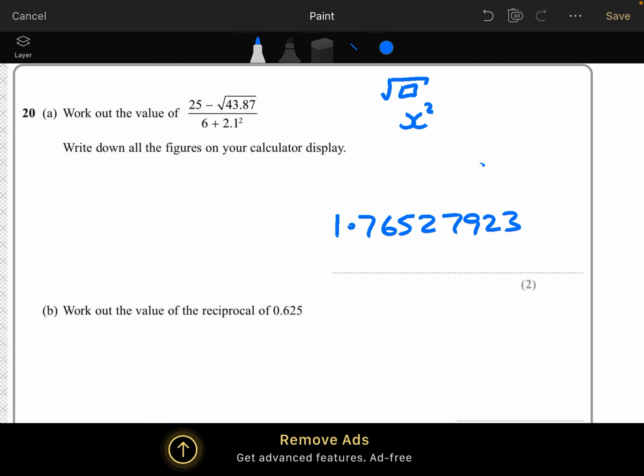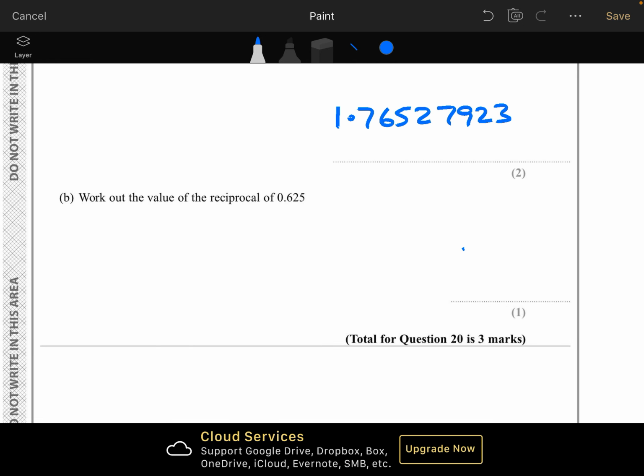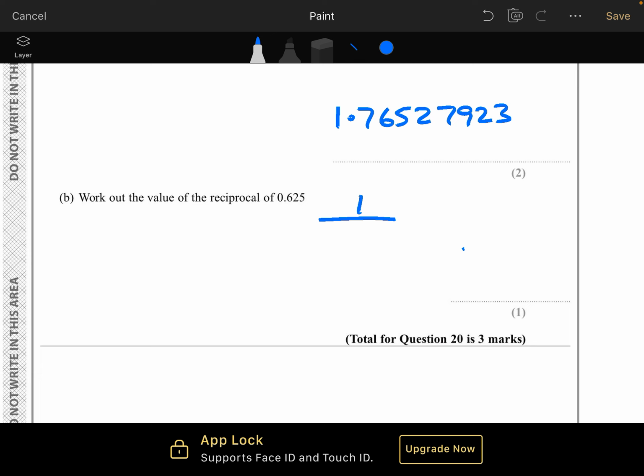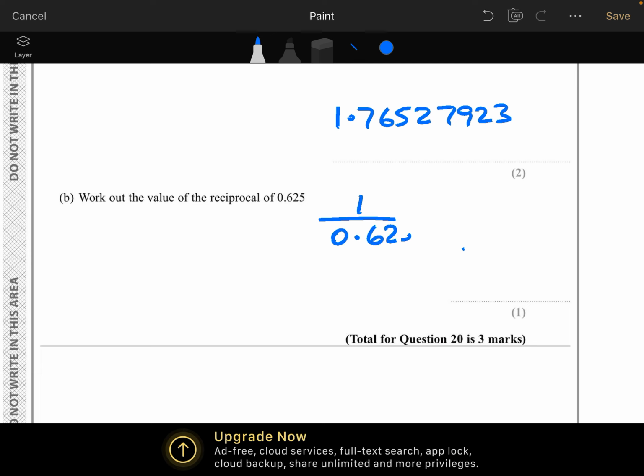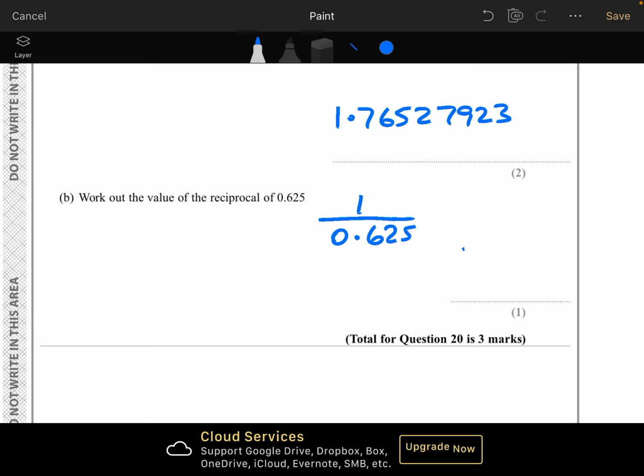Part B says work out the value, nothing to do with the first part. It says work out the value of the reciprocal of 0.625. Now the reciprocal just means 1 over the number that you've been given. So 1 over 0.625, and again I need to use my calculator, fraction button, 1 at the top, go to the bottom, put in 0.625.